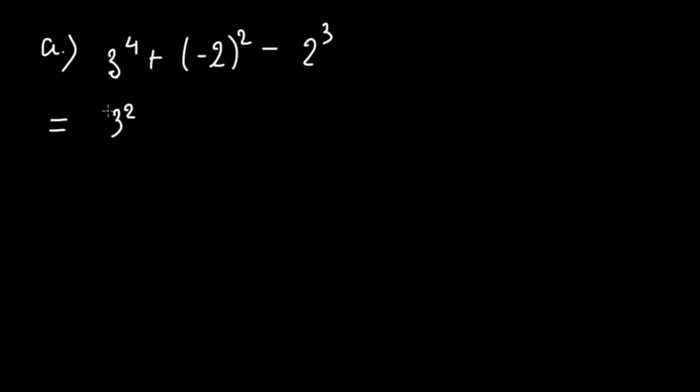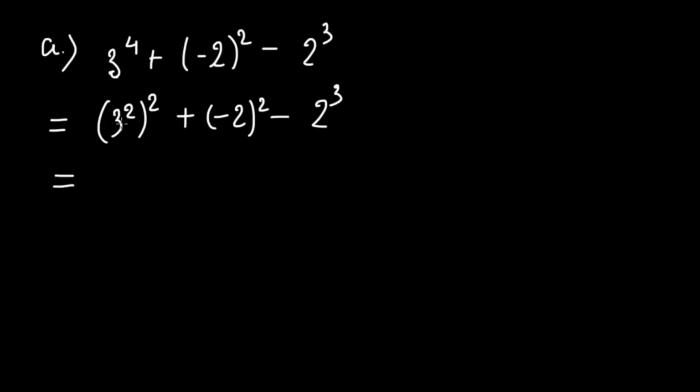Let's take a look at this example. A: 3 to the 4th plus negative 2 squared minus 2 to the 3rd. First of all, we can rewrite this as 3 squared, all of it squared, plus negative 2 squared, minus 2 to the 3rd.